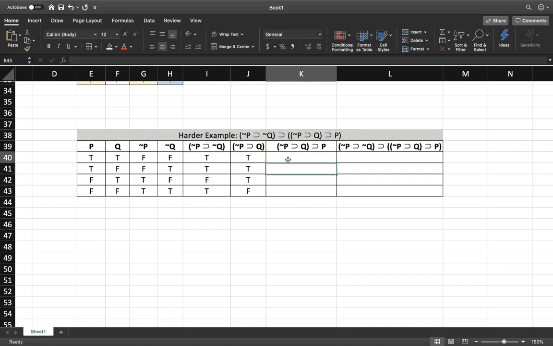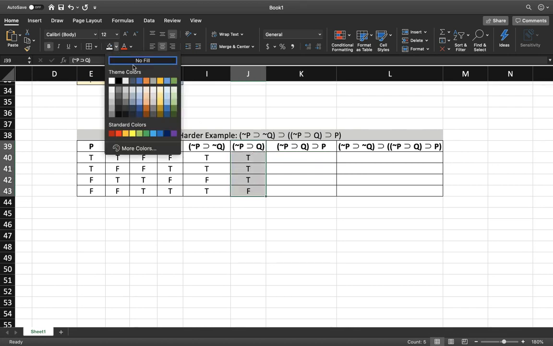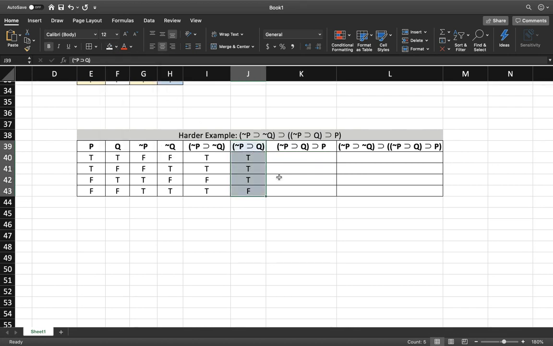Okay? Now let's go to this one. We have not P, so if not P, then Q, and that whole piece, horseshoe P. So that's taking two different things. It's taking this one, which we'll put in just a nice little blue, and this one, which is just the basic P. Okay, so again, when the antecedent, which is this whole piece, that's what the parentheses are notating there, is true, and the consequent is false.